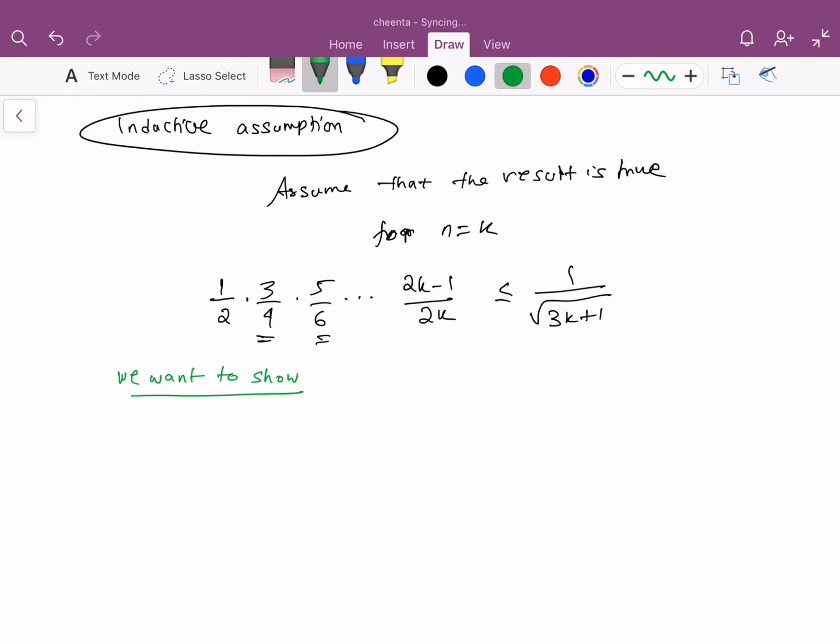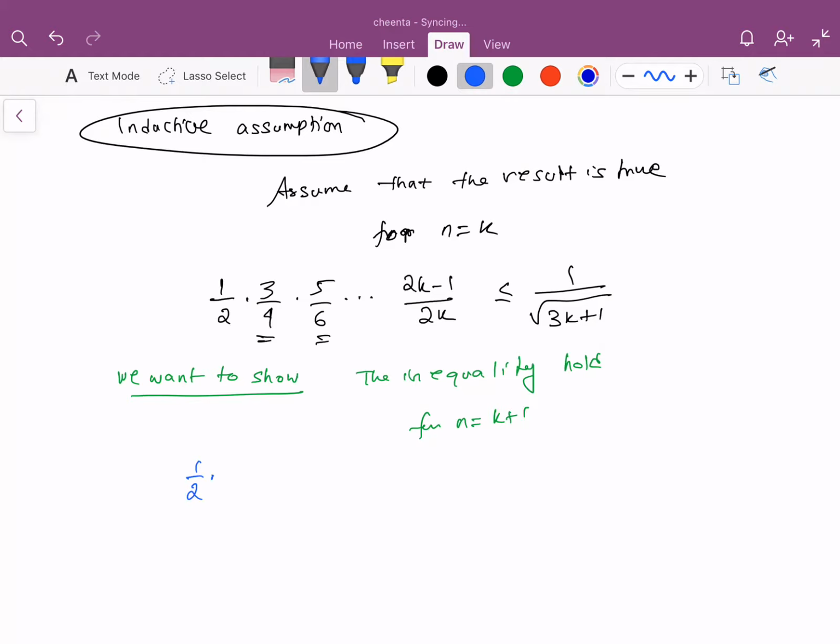Now, we want to show that the result is true, the inequality holds for n equals to k plus 1. So what is exactly that we want to show?